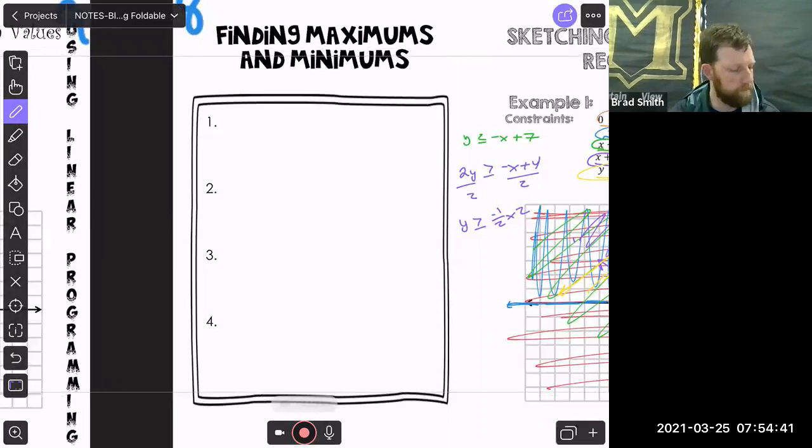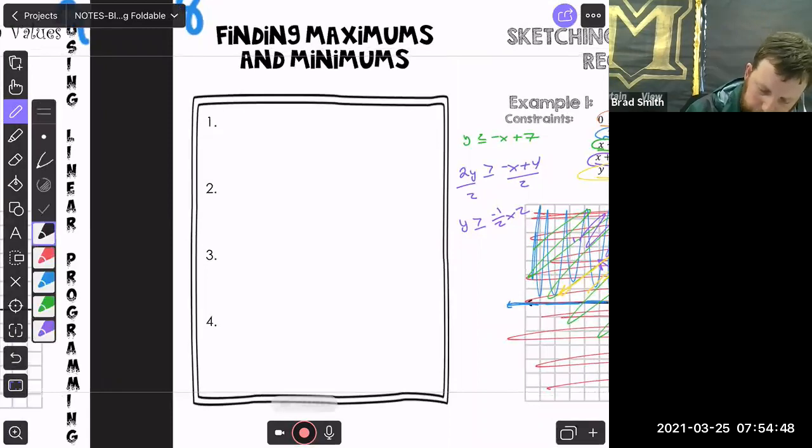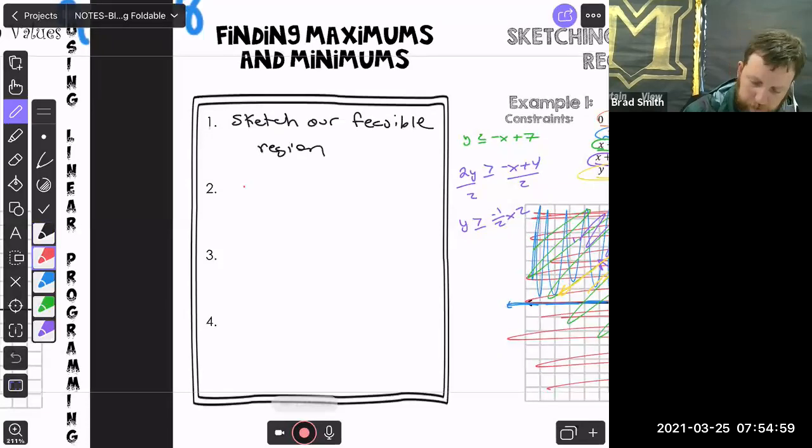Finding maximums and minimums. So number 1, we are going to sketch our feasible region. Step 2, we're going to label our vertices. Step 3, we're going to test the vertices.